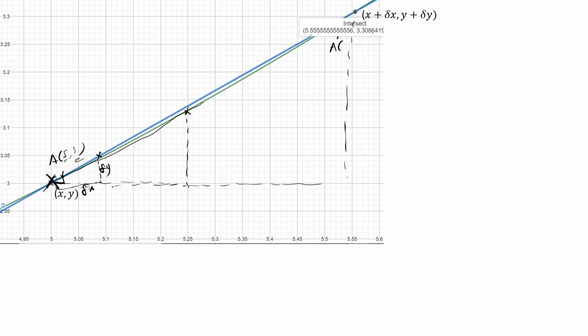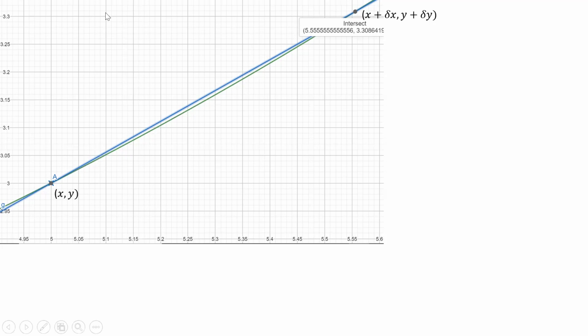Because it's so near, we use delta x and delta y. This one looks like a duckling, called delta. We have delta that goes like this, and we also have delta that goes like this. This one is changes in x. This one is small changes in x.